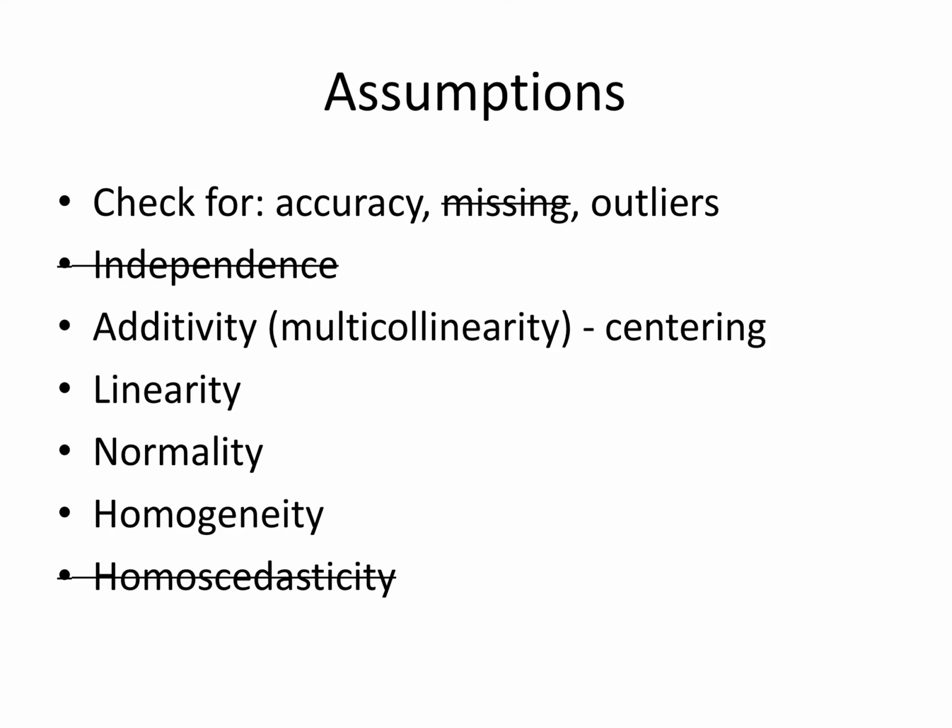Now when you're doing assumptions, you should check for accuracy. You still check for missing data, but you generally don't impute missing data because that's naturally part of the appeal of using an MLM. We can look for outliers. Independence is an assumption that we're going to control for. We still want to check for additivity.